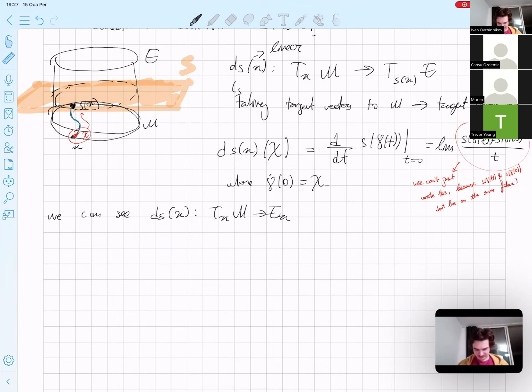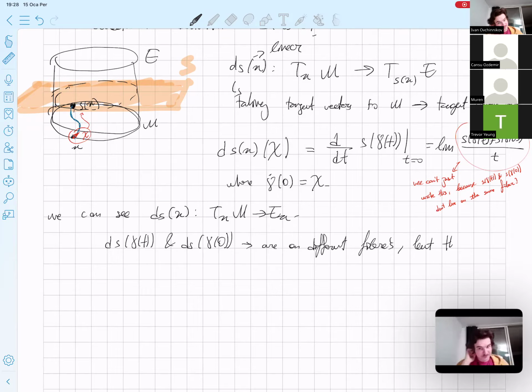So now the problem, like we said, is that these guys are on different fibers. But they're quite close.